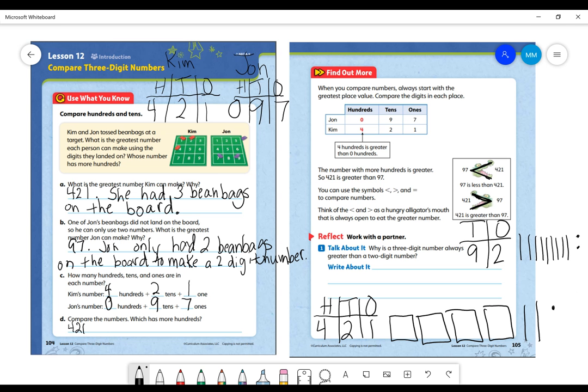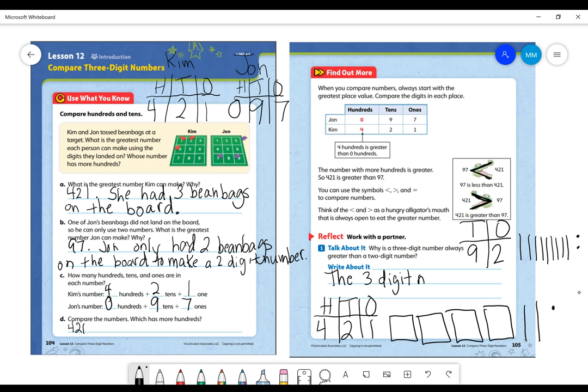So why is a 3-digit number always greater than a 2-digit number? Look at our models. What is different about the model with the 3-digit number and the model with the 2-digit number? The 3-digit number has hundreds.